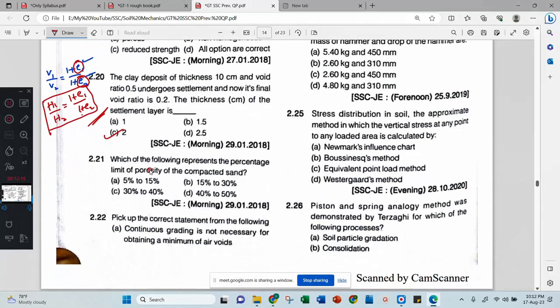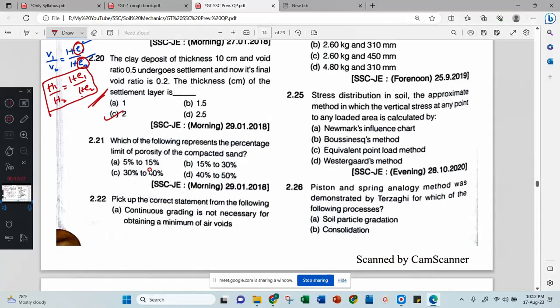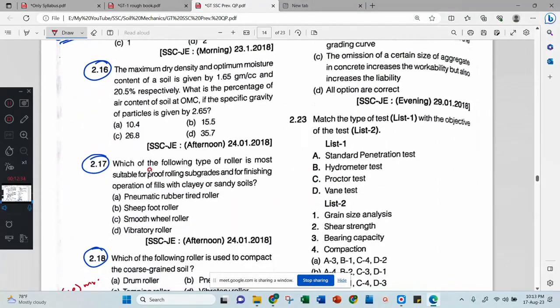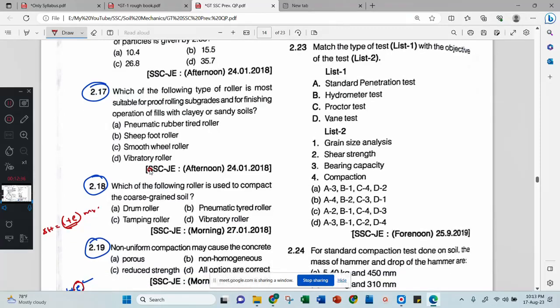Next. Which of the following represents the percentage limit of porosity of the compacted sand? Not required, we'll discuss later. Pick up the correct statement of the following, continuous grading necessary. We'll discuss later. You can answer this one. Standard penetration test, SPT, hydrometer, Proctor test, vane test. This is a complete geotechnical, but still you can answer.